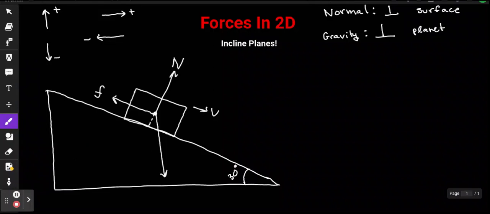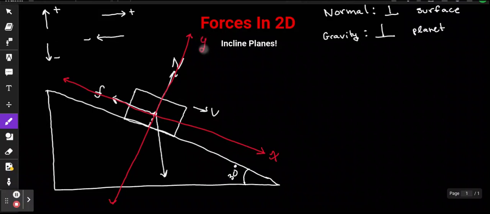So on an inclined plane, we find the easiest version for certain problems is to take the y direction perpendicular to the plane and the x direction parallel to the plane.